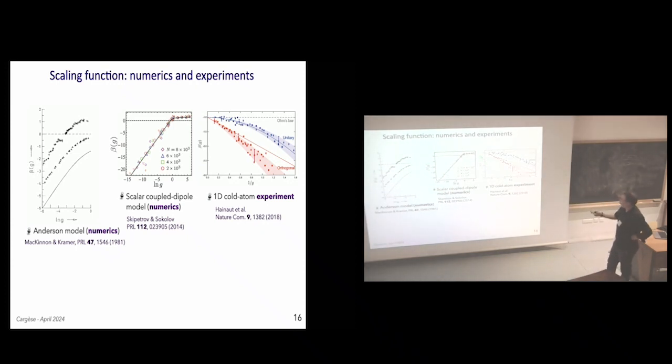Here you have another example, in a completely different system, studied by Sergey Skipetrov in Grenoble. This calculation was based on a completely different model, a coupled dipole model that describes the propagation of scalar light in collections of point scatterers. Again, you see that single parameter scaling works for this model. And here, this is not a calculation but an experiment, a cold atom experiment, where they could measure the beta function in one dimension.